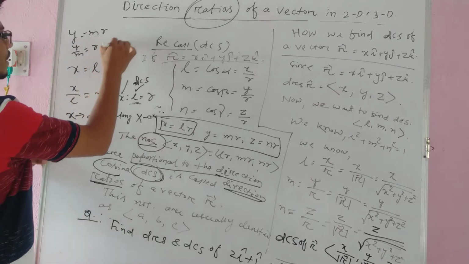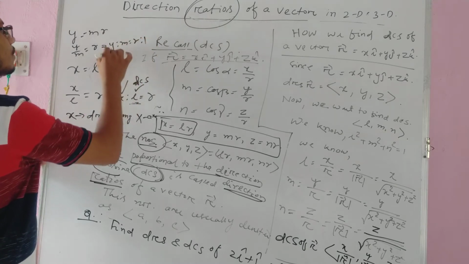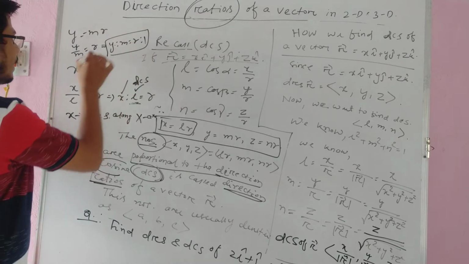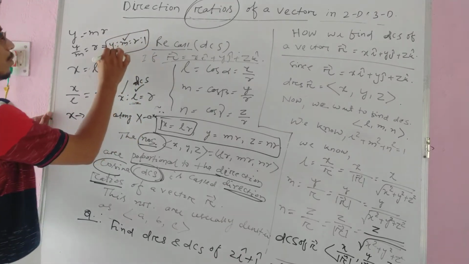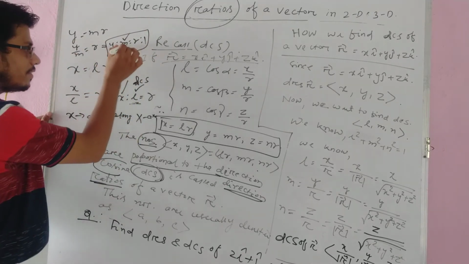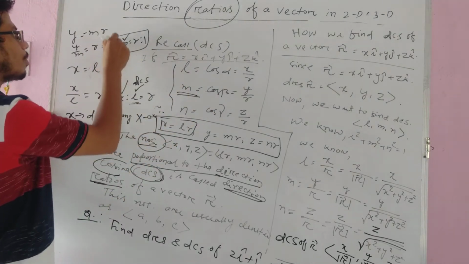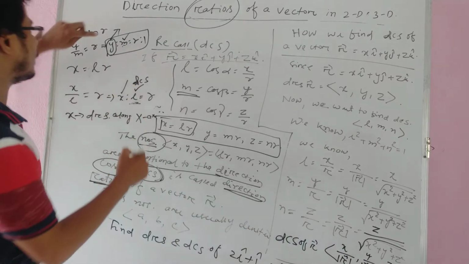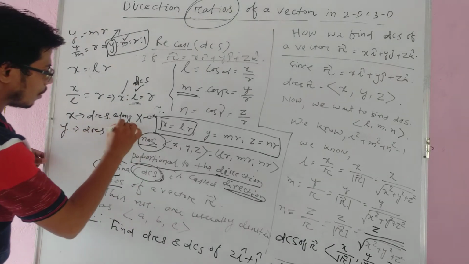That means y is to M is equal to r is to 1. M is the DC which is proportional to y, so y is called the DR along the y axis.